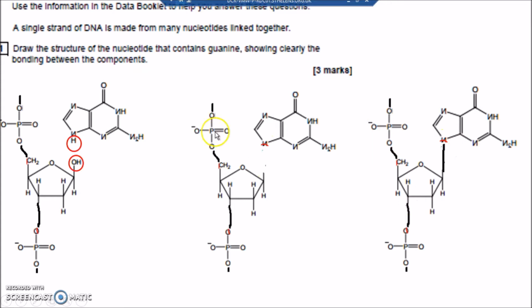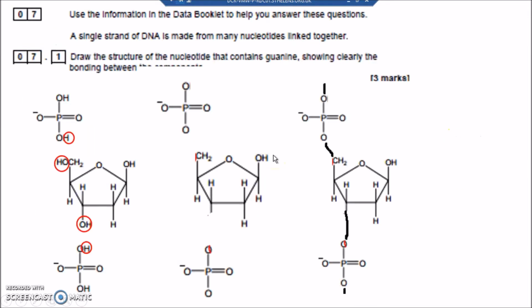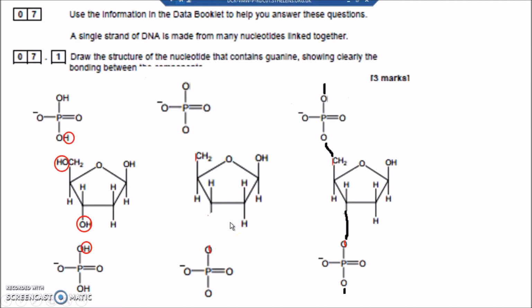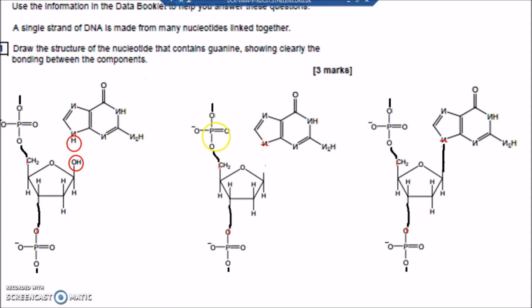I've left the rest of it the same. And you could do the same, so if you're asked for adenine or cytosine or thymine, you could do exactly the same. It just rotates round slightly, or you can flip it over left to right to get it in the right orientation here.